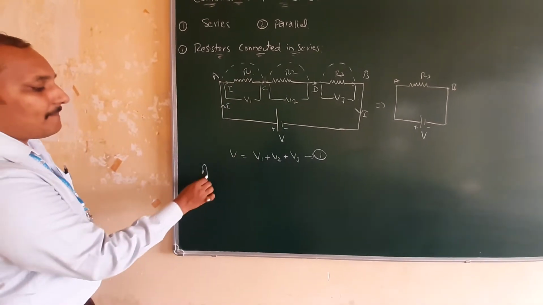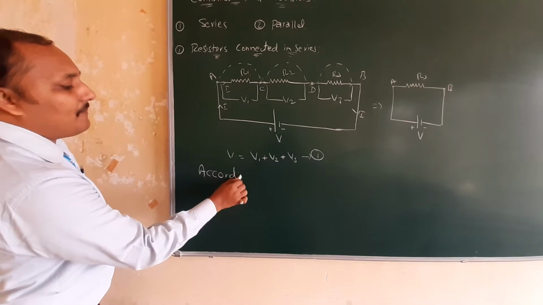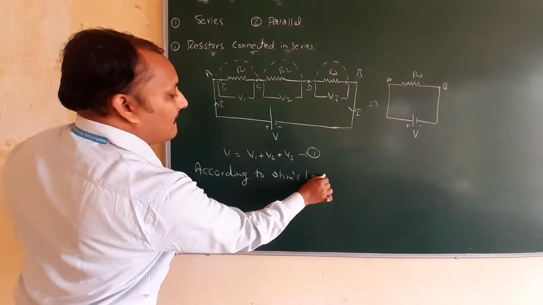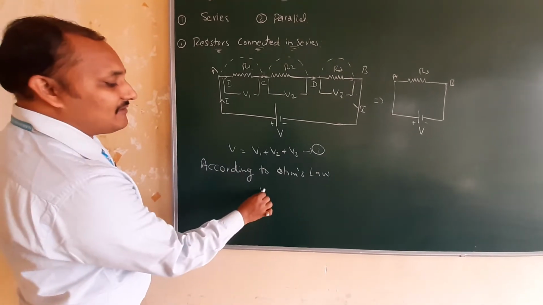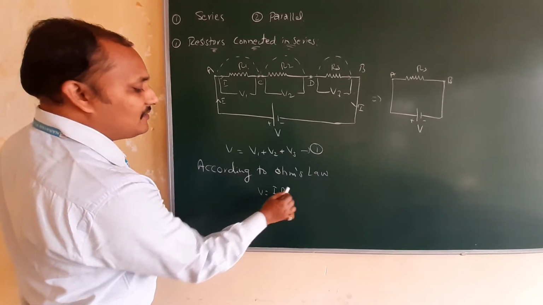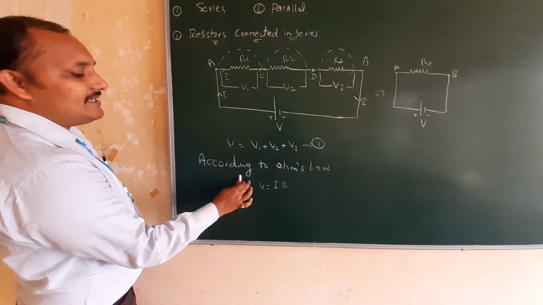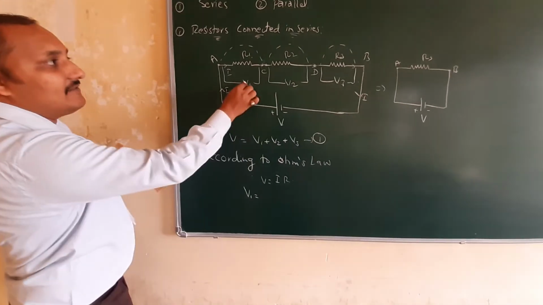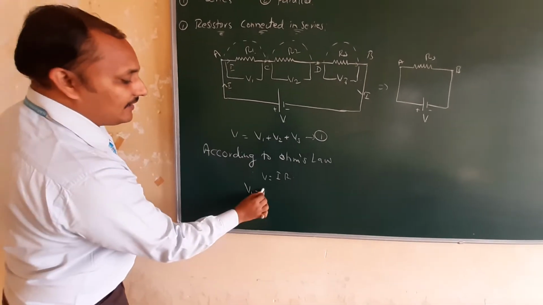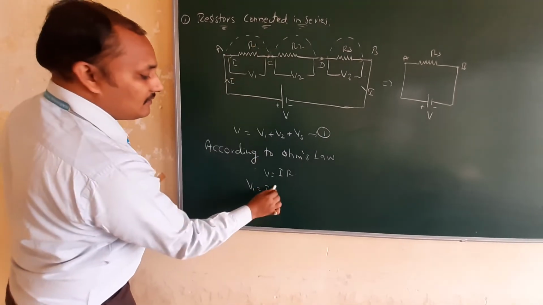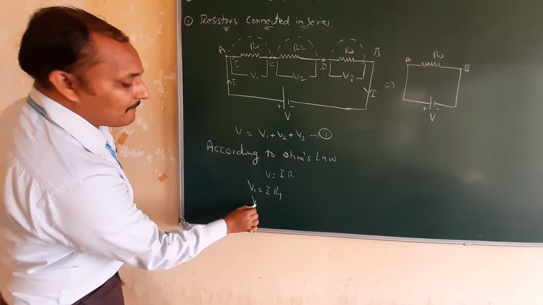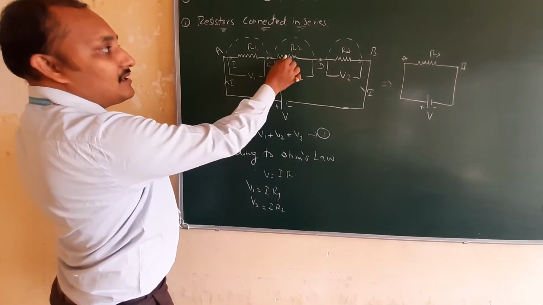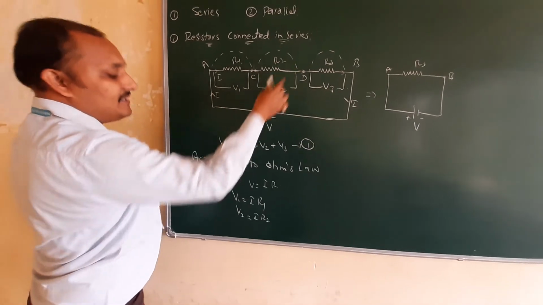According to Ohm's law, V is equal to IR. Since V is equal to IR, V1 is equal to I R1, because the current entering here is I. V2 is I R2: the current passing through R2 is I and the resistance is R2.